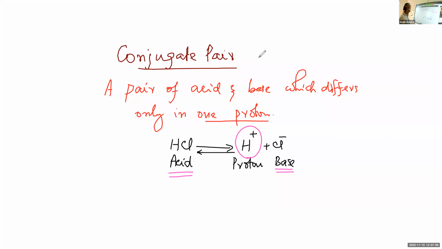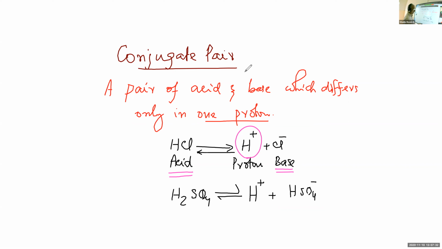Let us take another example. You take H2SO4, sulfuric acid. H2SO4 can dissociate in two ways. Either H plus ion plus HSO4 minus ion.